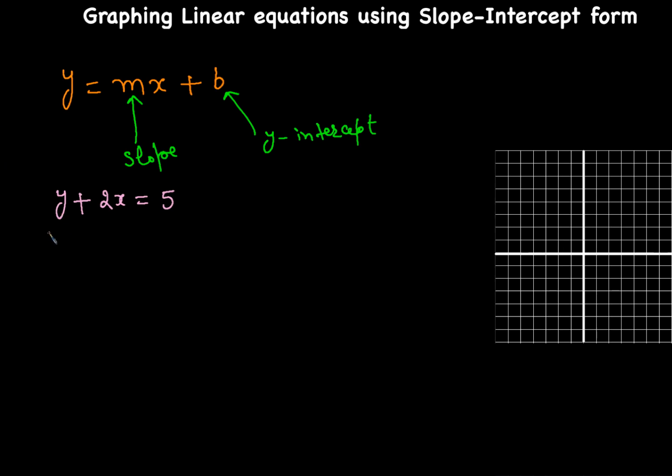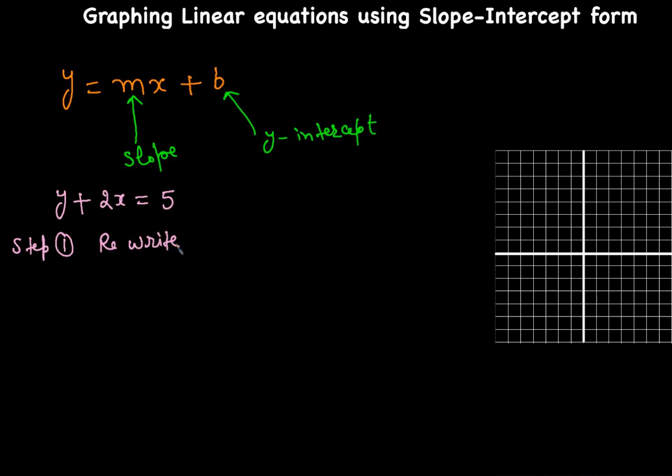So first of all, this looks like a standard form, and we need to rewrite this equation and change it to look like slope intercept form like this one. So how can we do that? Step 1 is rewrite.